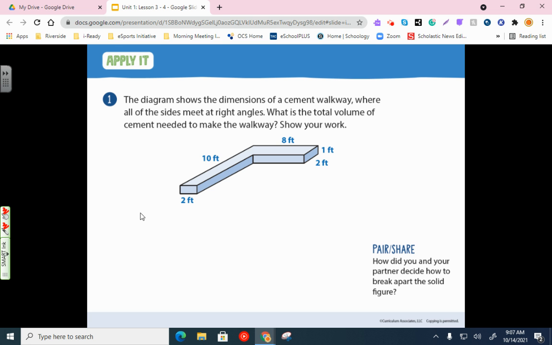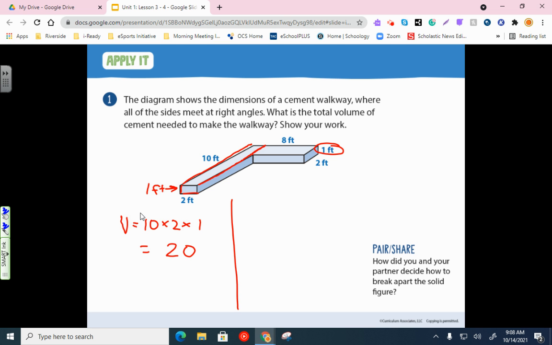If I was doing this, I would take the diagram and split it up into a left-hand side and right-hand side. So I've got 10 and I've got 2. And if I look over here, I know this mystery side right here is 1 foot. So we'll do volume equals 10 times 2 times 1. And that gives me 20.